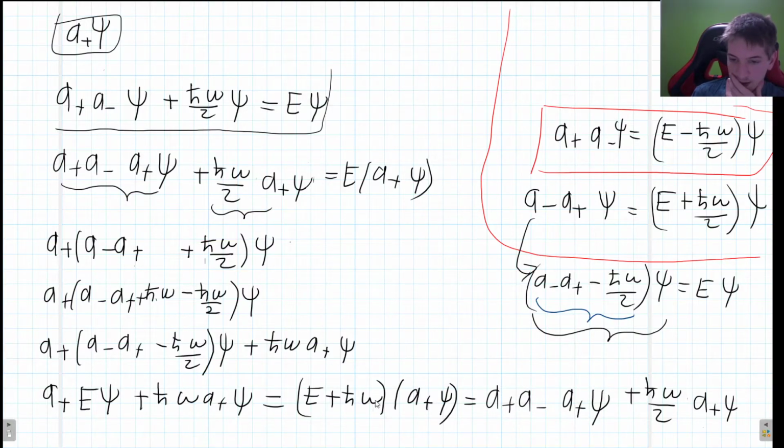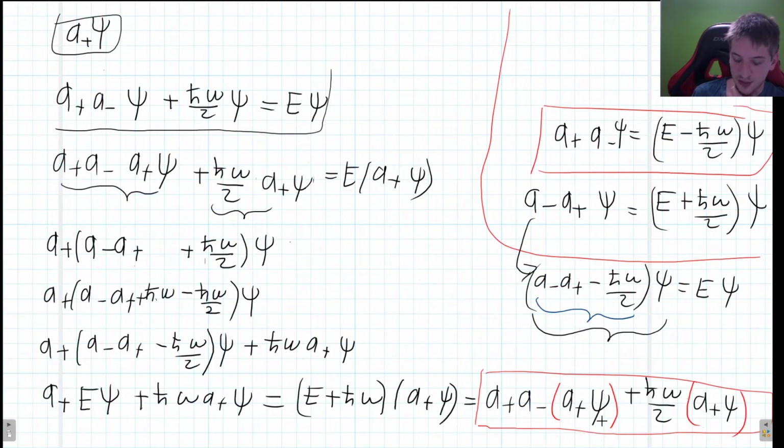Okay, so this part right here, remember, is just the Schrödinger equation, but written in terms of these operators, A plus, A minus, and with this A plus psi wave function. So we see that this A plus times psi wave function does satisfy the Schrödinger equation, because this is the same thing, except that this time we have energy E prime, which is the energy of this psi wave function plus h bar omega.